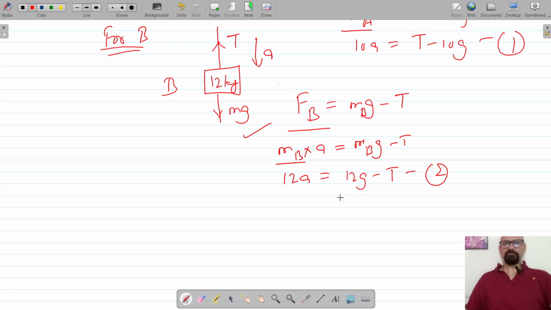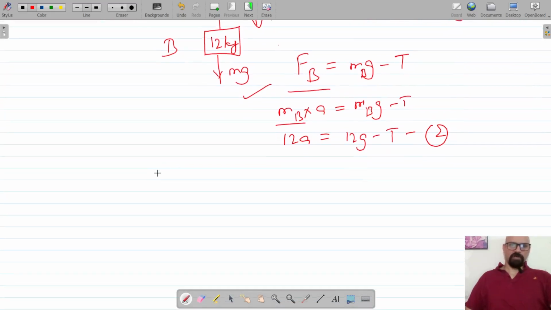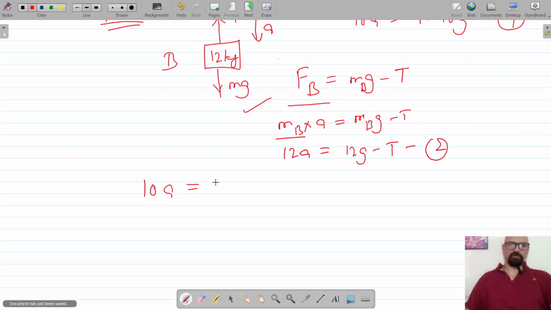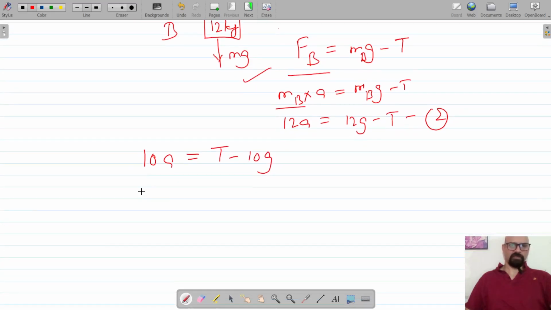So we have equations 1 and 2. I'm going to write equation 1, that is 10a = T - 10g, and the second equation, 12a = -T + 12g, and then add these two equations.